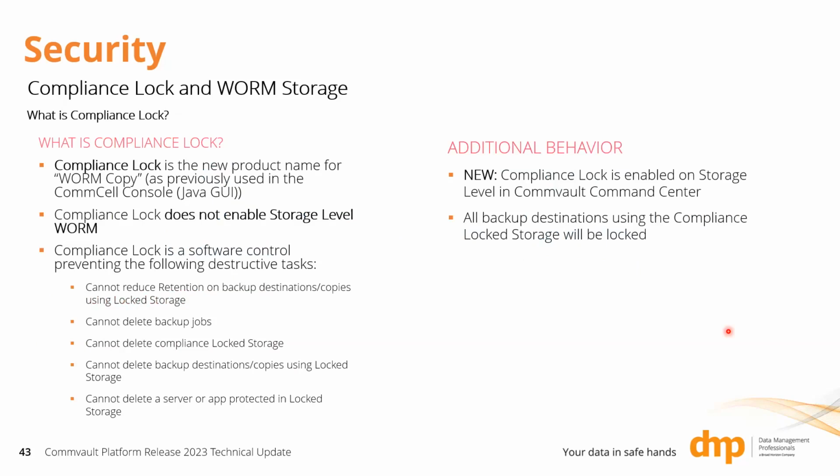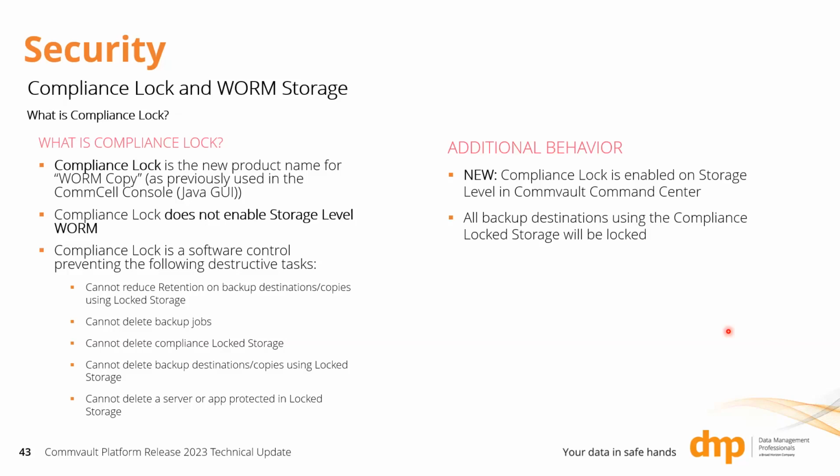So it makes sure that your data will stay there for the retention time configured. Also, you cannot delete any backup jobs or delete any clients which are part of that storage policy copy. So it makes sure that the data will be retained for the configured retention.